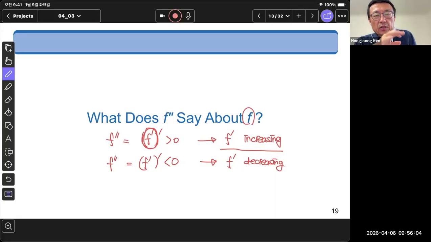We are interested in a certain pattern of the graph of f itself, not f prime. We are not drawing the graph of f prime. We want to draw the graph of f, not f prime. Then this positiveness of the second derivative, what does it say about the pattern of f?